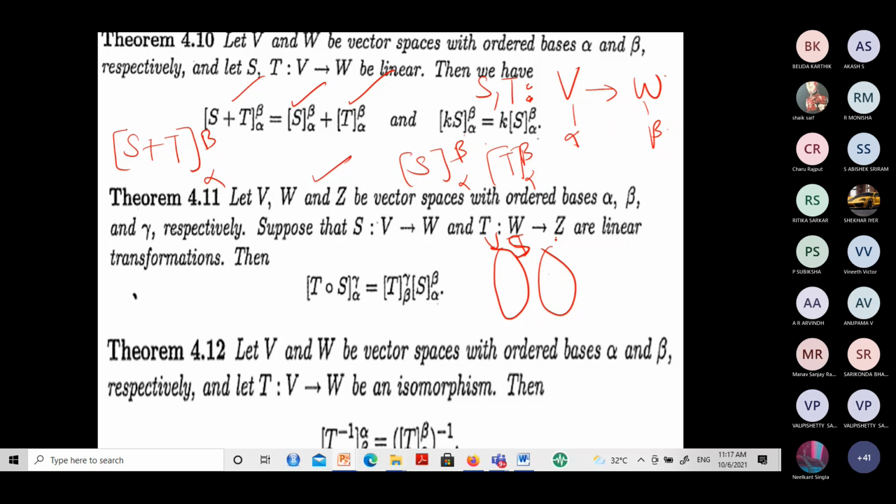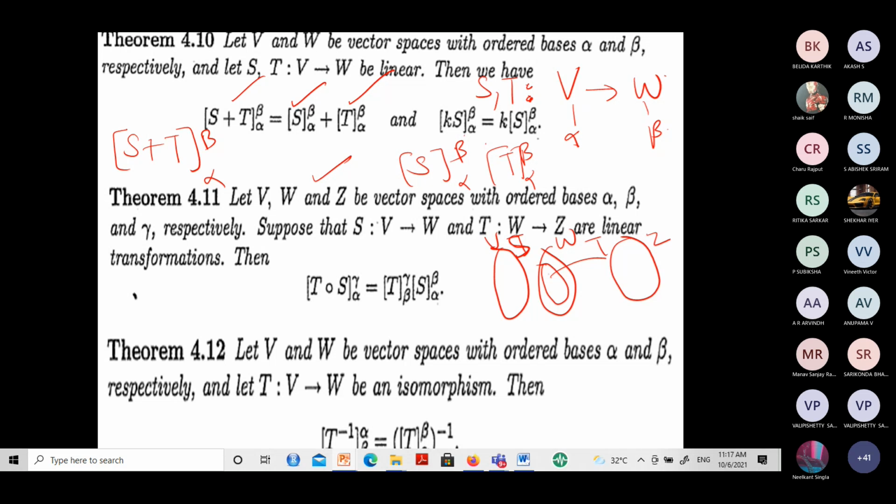S is from V to W, right? So you'll have an image of this. On this image, what acts? T will act and it carries the elements to Z. So this is called T composition S, first S, then followed by T. So what will be the domain of T composition S? That will be the domain of S. What will be the domain of S? V.